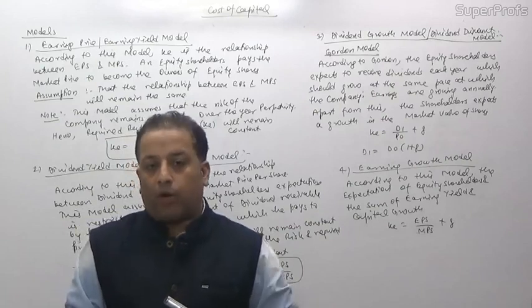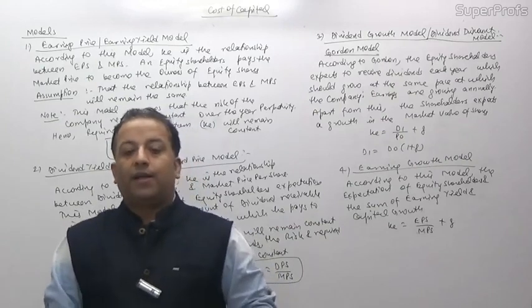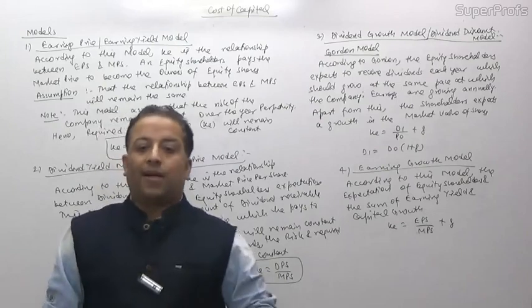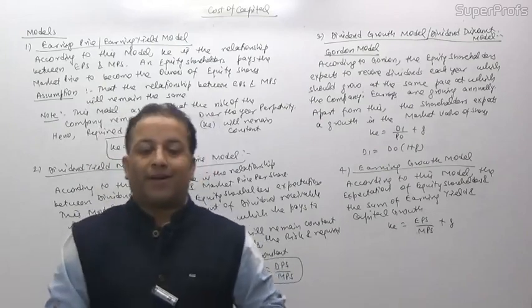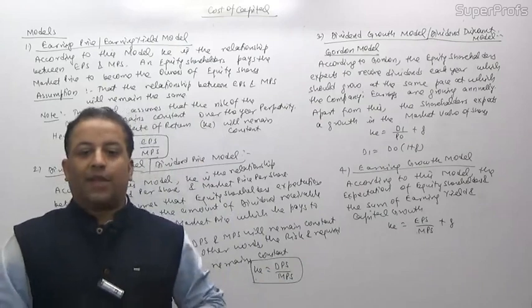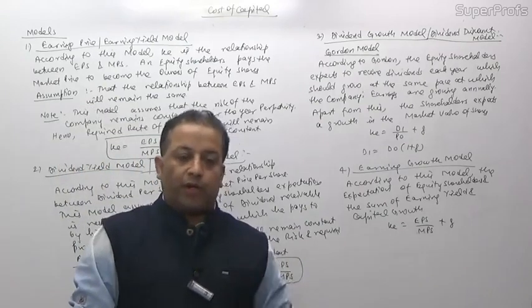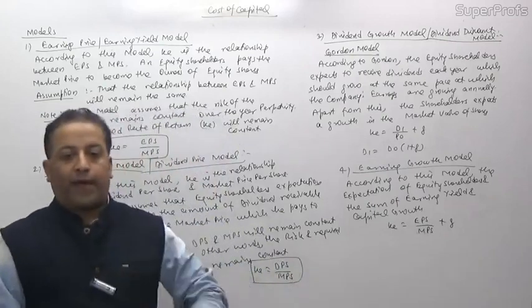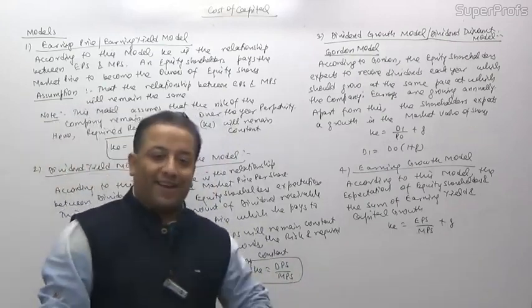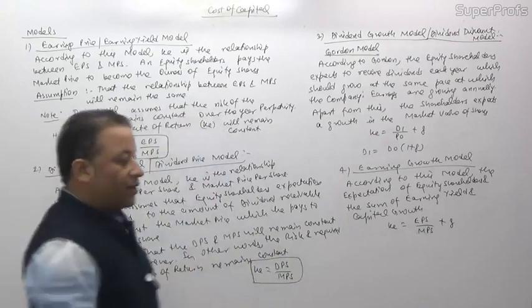Number one, the earning price model or the earning yield model, the first model in the cost of capital chapter.